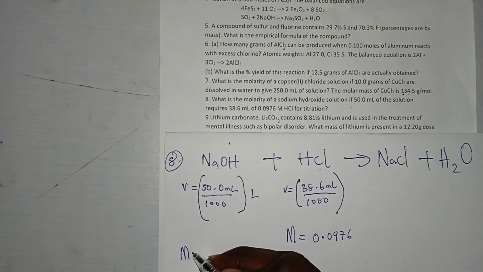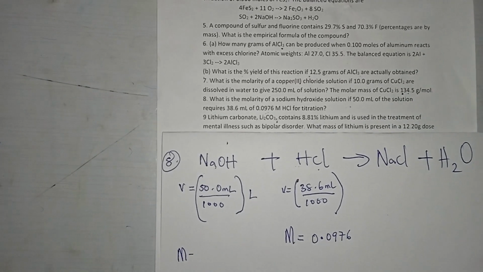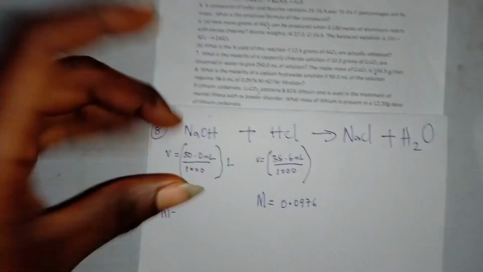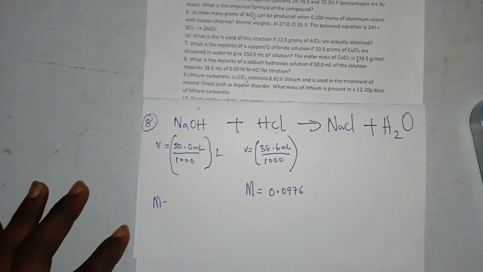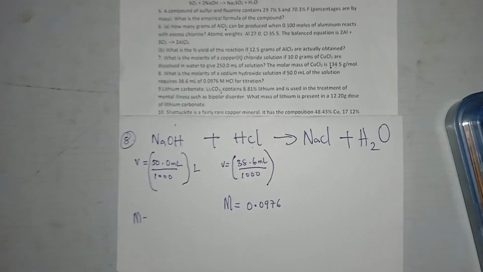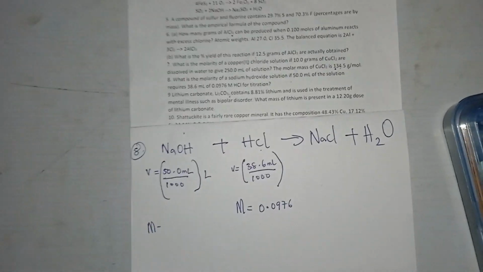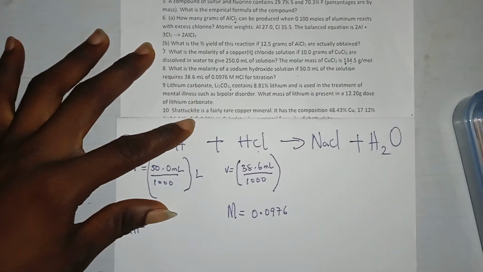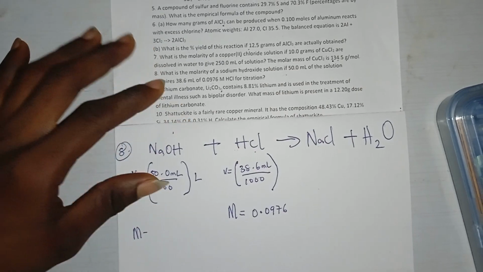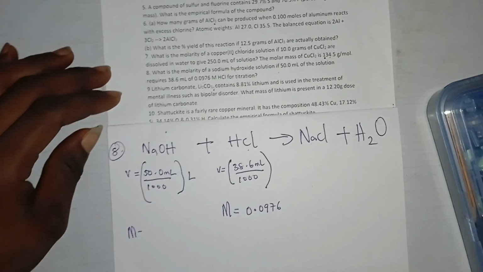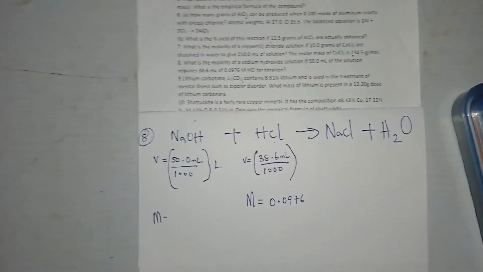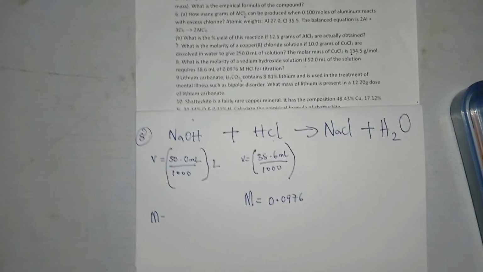Titration is simply a process of determining the concentration of an unknown solution using the concentration of a known solution. So acid-base titration is simply determining the concentration of acid or base using a known concentration. So anytime you're determining an unknown concentration using a known concentration, you're talking about titration.